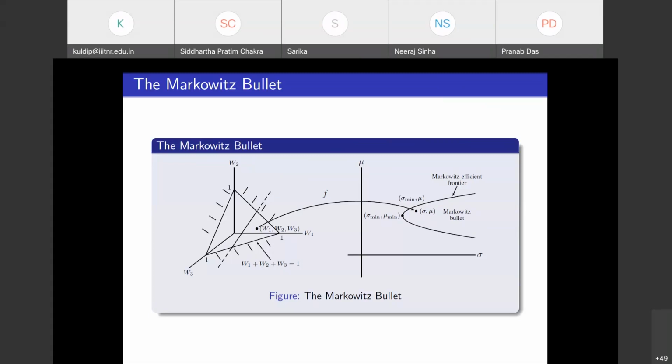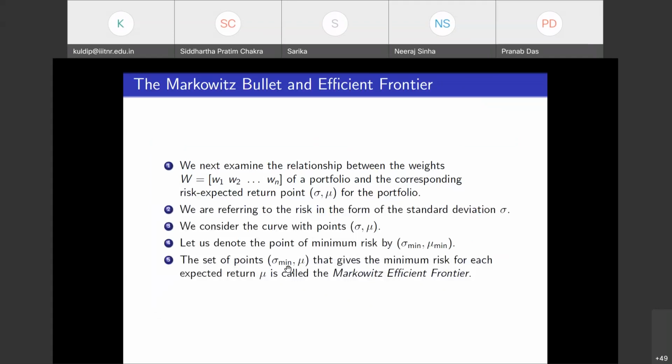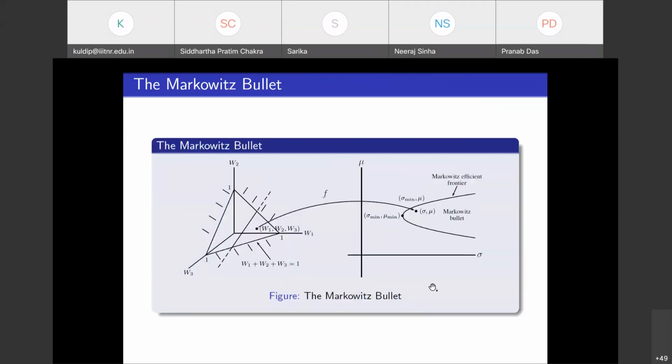Now, remember what I said here: it's a set of points sigma, mean, comma, mu. So observe here, suppose that I fix my mu here. At that level of mu, I can draw a straight line here, and at that level of mu, I can get infinitely many combinations of sigma and mu, but amongst those, the one with the minimum sigma is the one which lies on the curve.